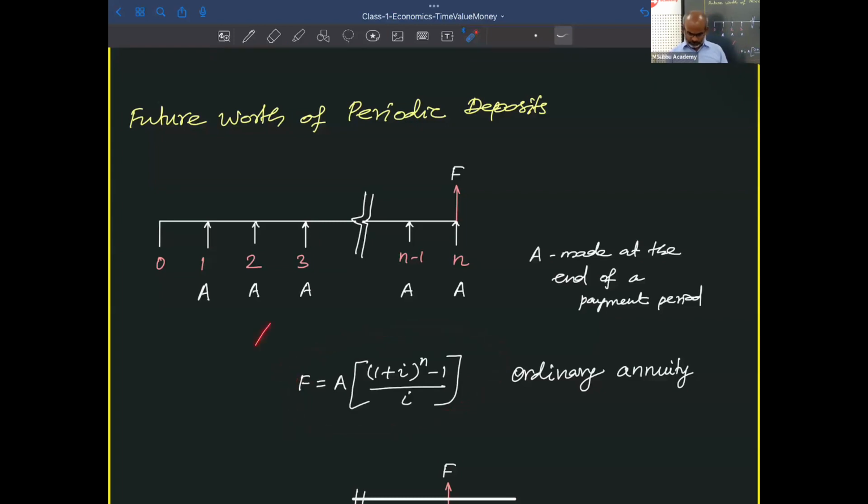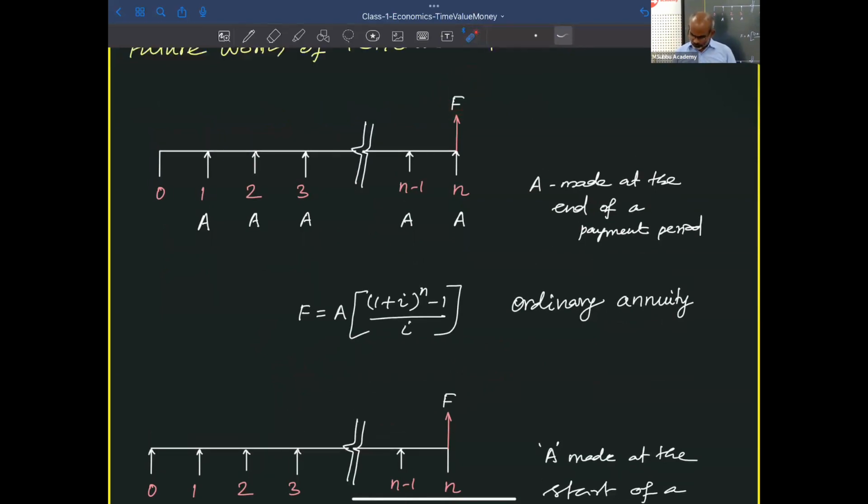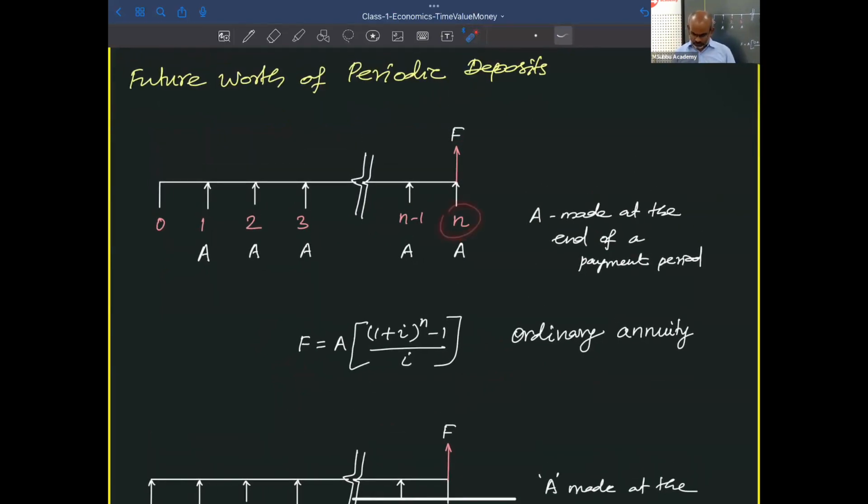Of course, you can also derive this; the derivation I am not giving here. So F, the future value at the end of n years, is equal to the periodic payment amount A. This we call an annuity, because every period we consider as a year. Of course, the formula whatever you get is also applicable for monthly payment or quarterly payment or anything.